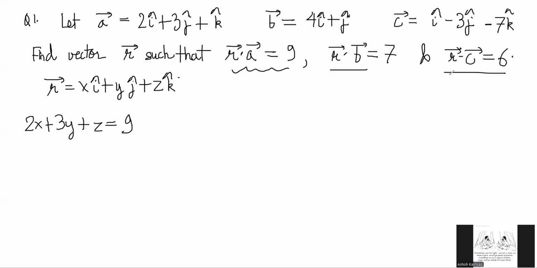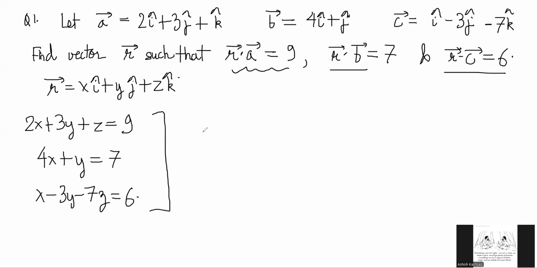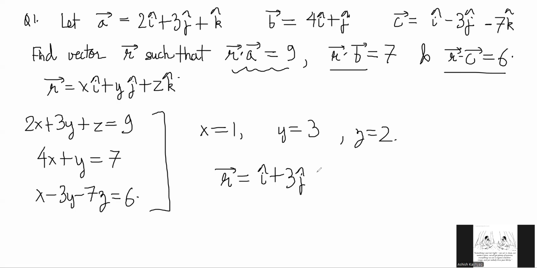And from the other two, you get another equation 4x plus y is equal to 7, and you get x minus 3y minus 7z is equal to 6. And if you solve these equations, you will get the values of x as 1, y as 3, z as 2. And basically, then you will know the R vector as i plus 3j plus 2k. So a simple application of the dot product. Let's look at another question.